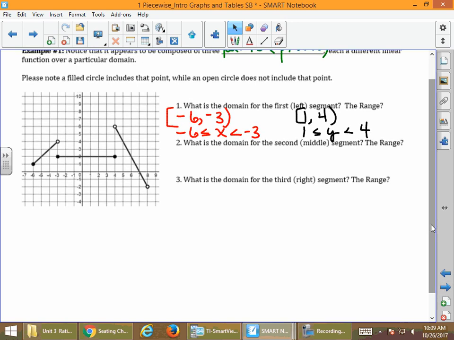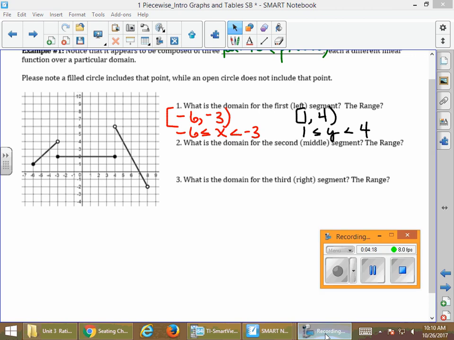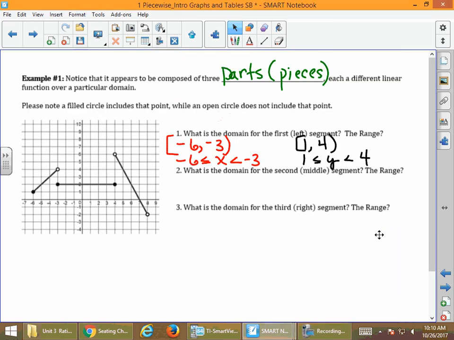When we look at the middle piece, what's the domain for the middle? Far left is going to be the x value to the far left, which is -3. And far right is going to be 4.